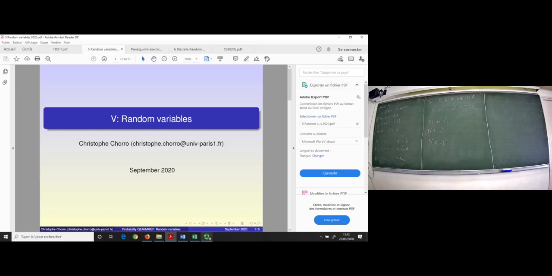For minus 1? 1 over 36? Why 36? I roll a dice one time. 2 over 6, yes, I have 2. 1 over 3. Yes, so I will obtain minus 1 in these two situations over the total number of possibilities, that is 6.